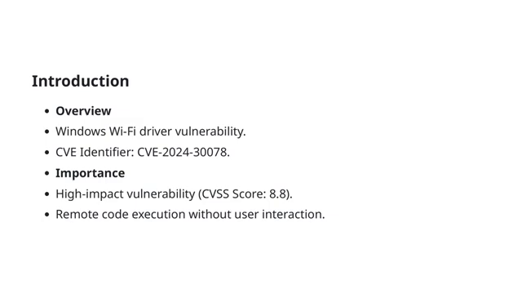What makes this vulnerability particularly concerning is the fact that it allows for remote code execution without any user interaction. This means an attacker could exploit this flaw simply by sending specially crafted packets to the vulnerable system, and no action is required from the user, making it highly exploitable and dangerous. Understanding the implications of such vulnerabilities is crucial for maintaining robust security hygiene.